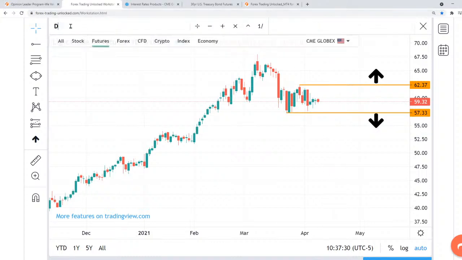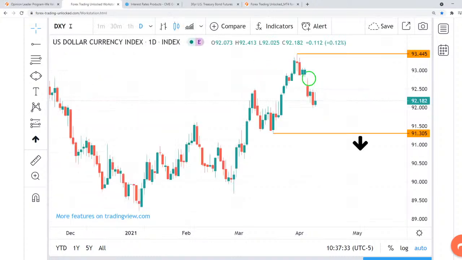So remember that the dollar index is in a corrective break right now. So should these other markets reverse gears and we get a breakout one way or another, this will either continue the dollar trend lower, and this corrective move may even be the beginning of a big bearish trend.